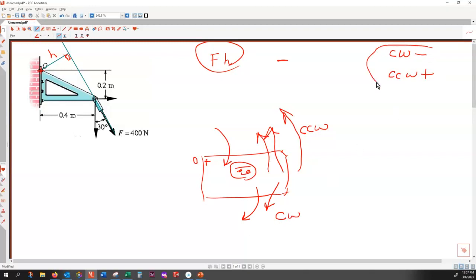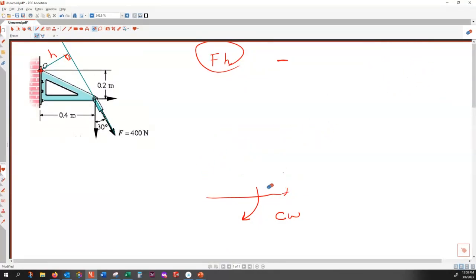That is just a convention, just an assumption. Whenever my system rotates opposite to the clock, we call this CCW and take it as positive. Whenever it rotates in the clock direction, we call this clockwise and take that as negative.